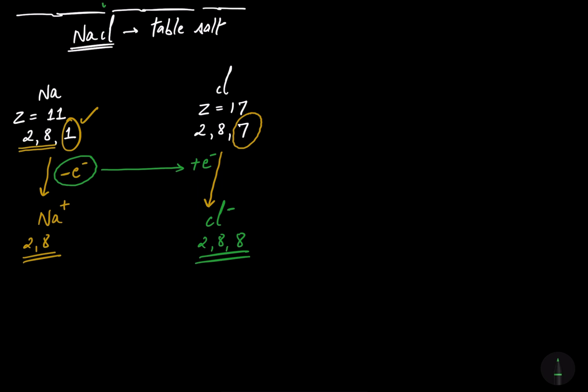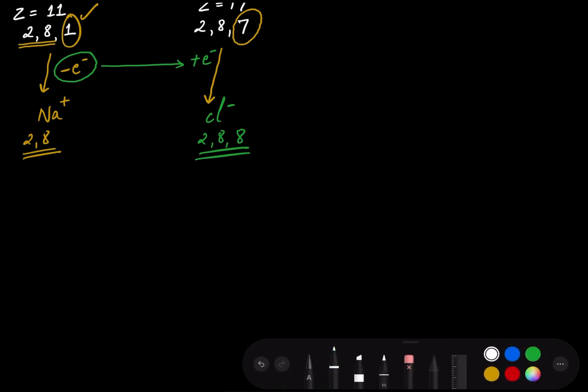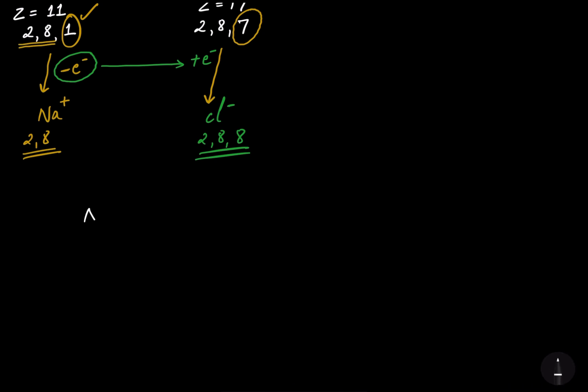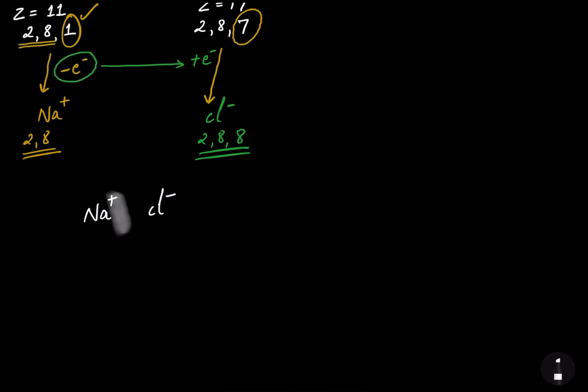the chlorine atom. So here we have two oppositely charged ions, that is Na positive and Cl negative, and there will be electrostatic forces of attraction between the oppositely charged ions.